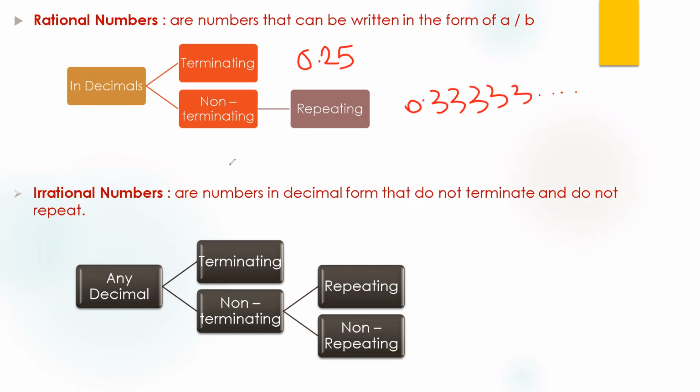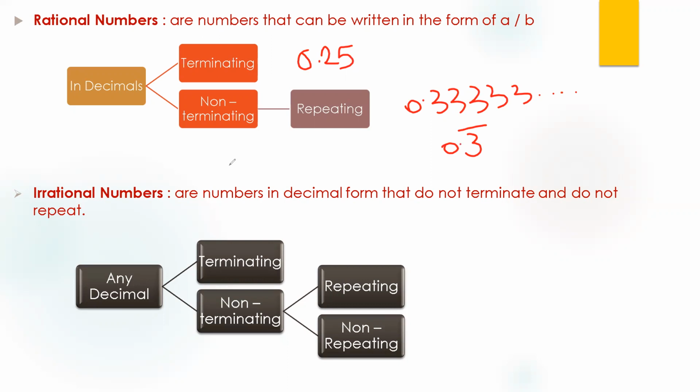This one is not terminating, but it's repeating. As you see here, the number 3 is repeated more than one time. You can write it as 0.3 repeated. It will be a rational number. So if the decimal is terminating, or if it's not terminating but it's repeating, it's rational.